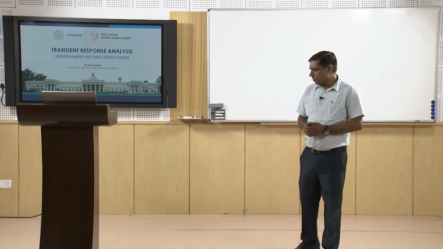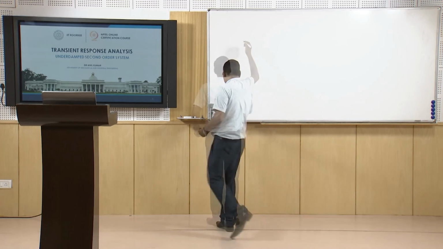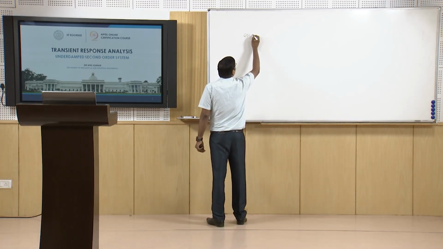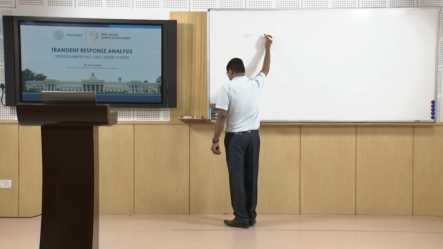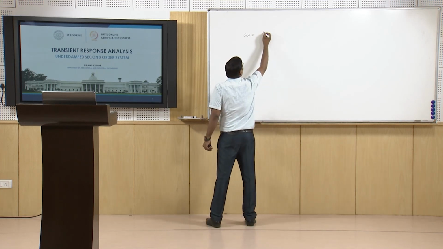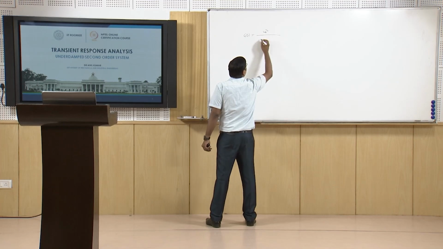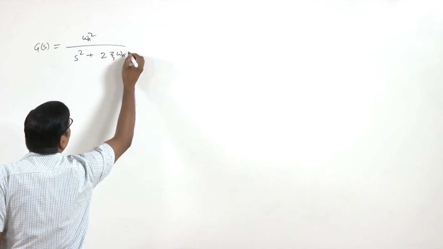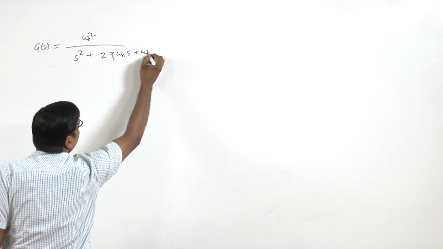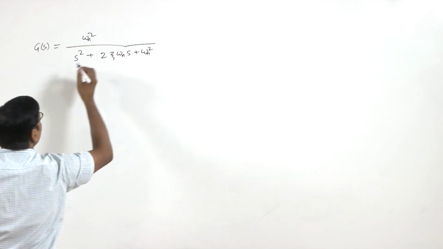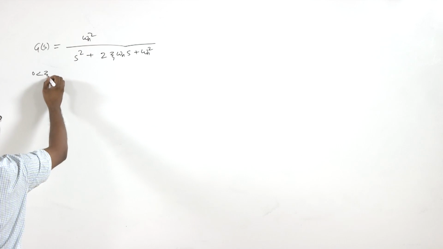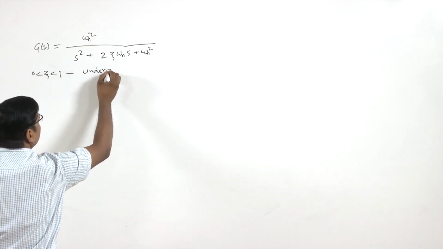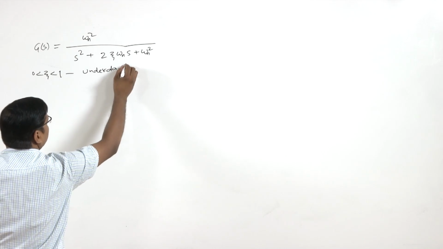So for this underdamped system we have G(s) equal to omega n square upon s square plus 2 zeta omega n s plus omega n square, and here 0 is less than zeta less than 1. So this is the underdamped system.